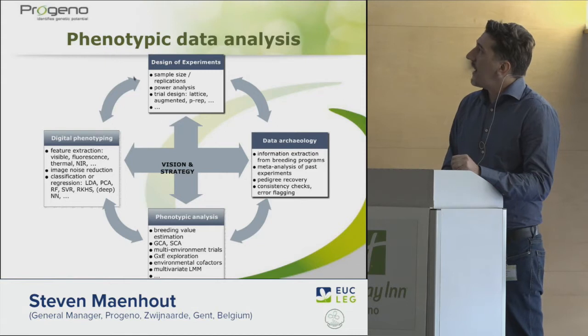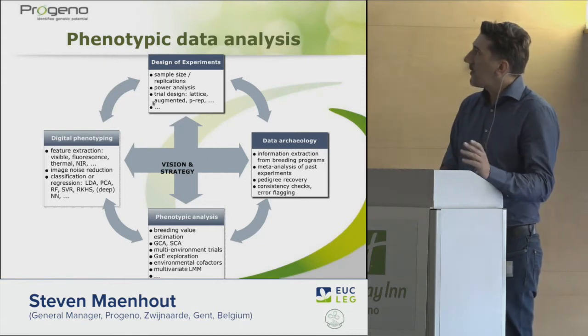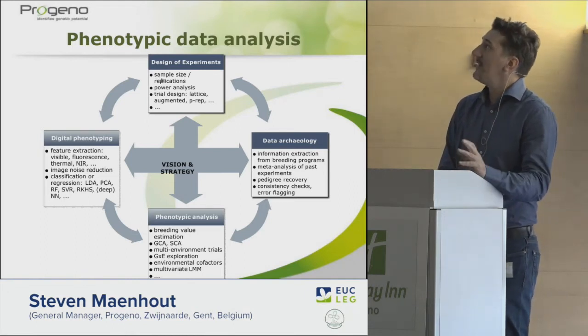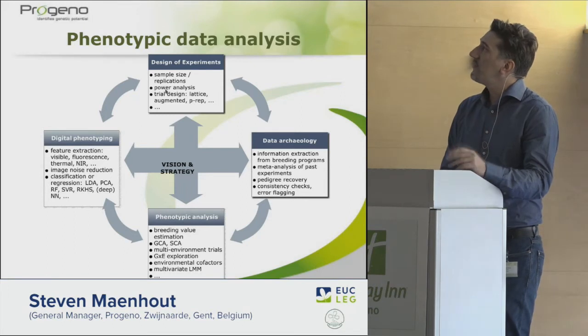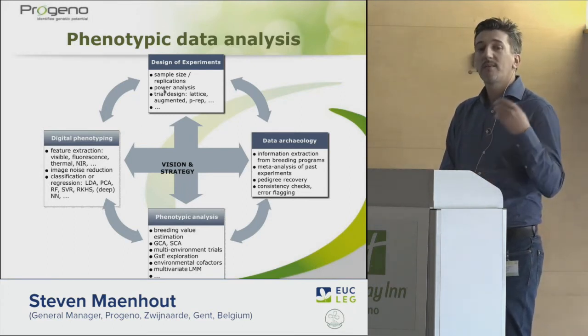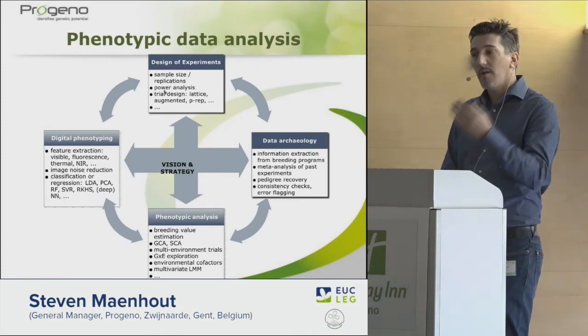So of course it's nice if you can be involved from the design of the experiment, looking at what the sample size is, how many replications we need. Do we need replications? If we use these kinds of replications, what is called a power analysis, what is the discriminating power of this trial?